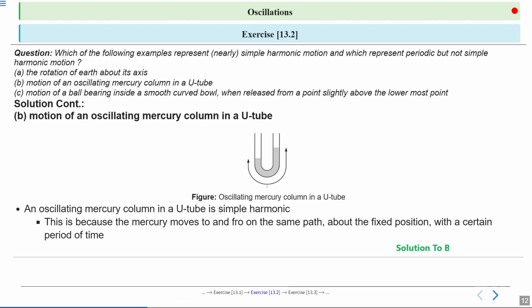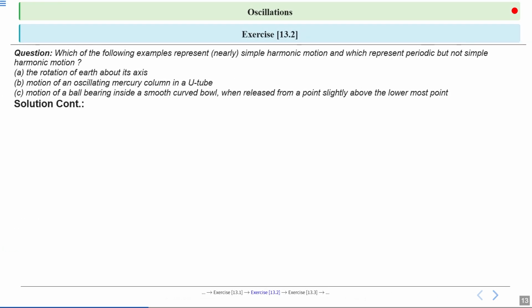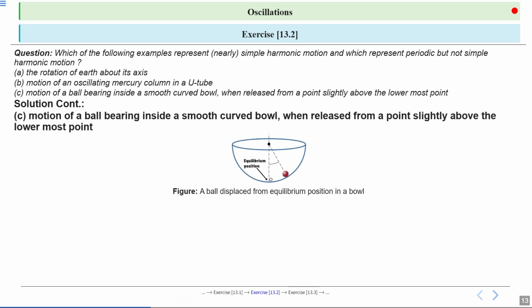Alright. Now let's solve part C. Motion of a ball bearing inside a smooth curved bowl when released from a point slightly above the lowermost point. So the ball moves to and fro about the lowermost point of the bowl when released.